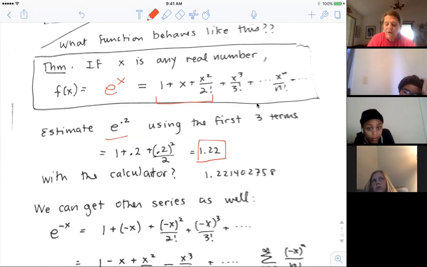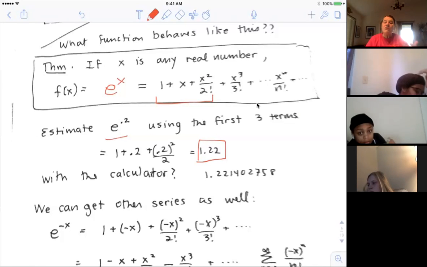I multiplied by that. Y'all check me. Is it just 1.22? Yeah, it's just 1.22. But that was a pretty good estimation. It was good at least to the 100th place here.